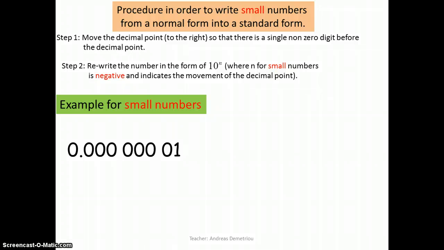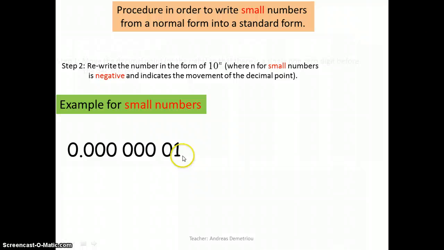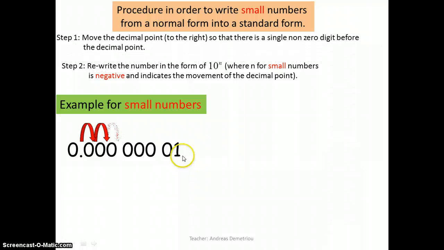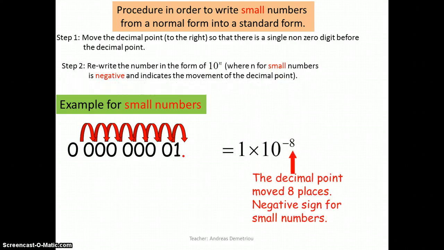To change this number into standard form, we need to move the decimal point here. Therefore, we need to move the decimal point 1, 2, 3, 4, 5, 6, 7, 8 places to the right. Therefore, the answer has to be 1 times 10 to the power of minus 8. The power indicates the movement of the decimal point, and because this number is very small, the power is negative.